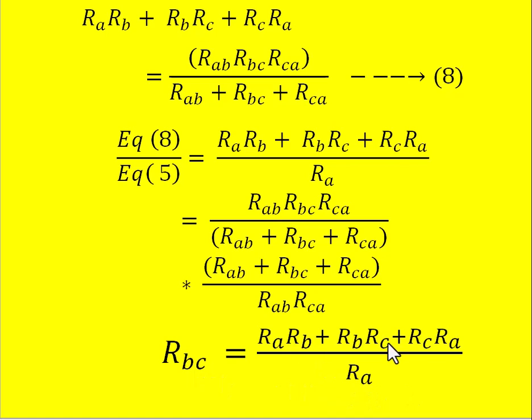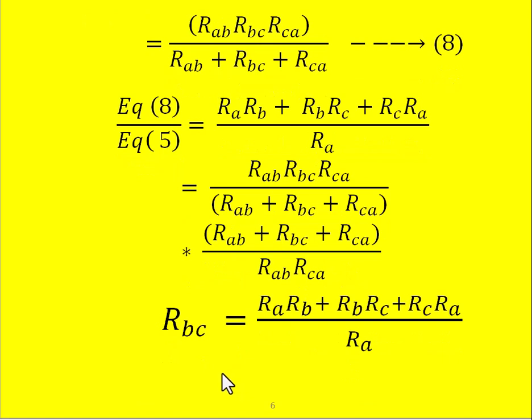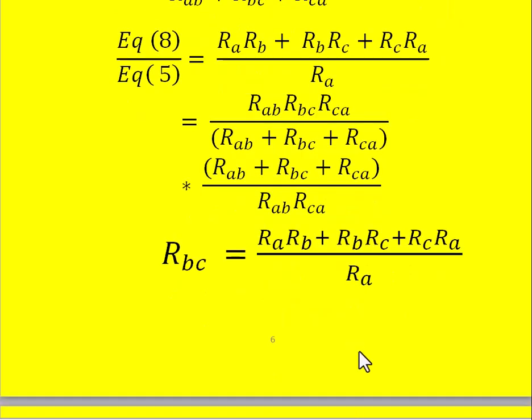And in the numerator, write the possible two-term products of known star values, that is RA RB plus RB RC plus RC RA. So we can easily remember the delta value in terms of the known star values.